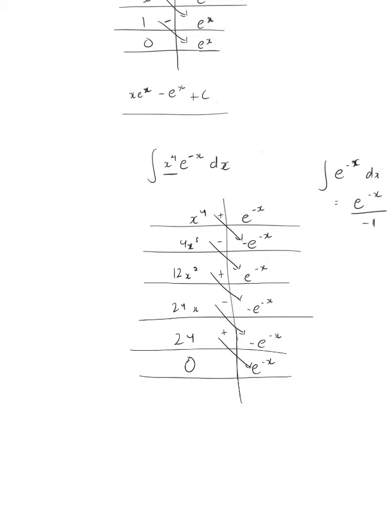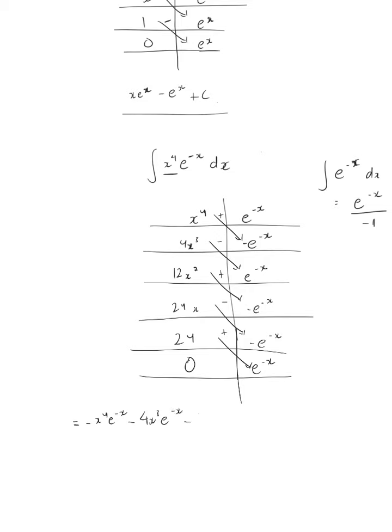So the answer is simple. Multiply. Keep in mind, in this case, you have to be cognizant of the negative coefficient, as well as this negative sign which you have to multiply. So just be aware of that. So minus x to the fourth e to the minus x. The second one will also be negative 4x cubed e to the minus x.